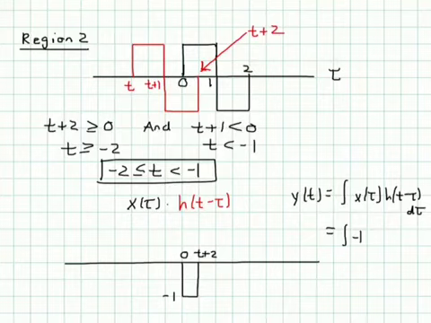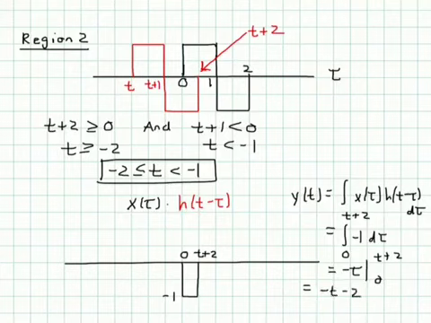So it'll be the integral of minus 1 d tau, because that's what the function is equal to between 0 and t plus 2. That's just minus tau evaluated between 0 and t plus 2. And if we evaluate that, the final result is going to be minus t minus 2.